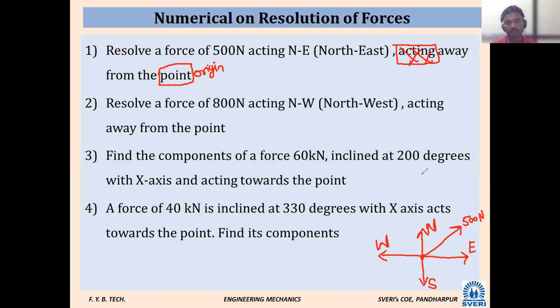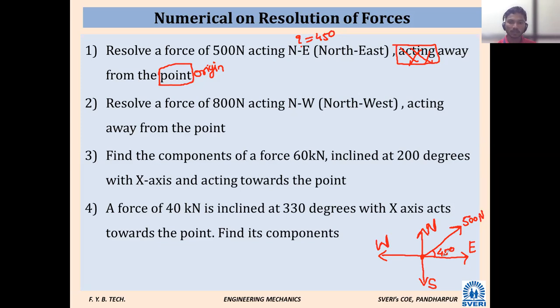So when the angle is not given for northeast, the angle is 45 degrees. Either you can take 45 with east or with north; it is not going to change the meaning. Now it is very simple to calculate.